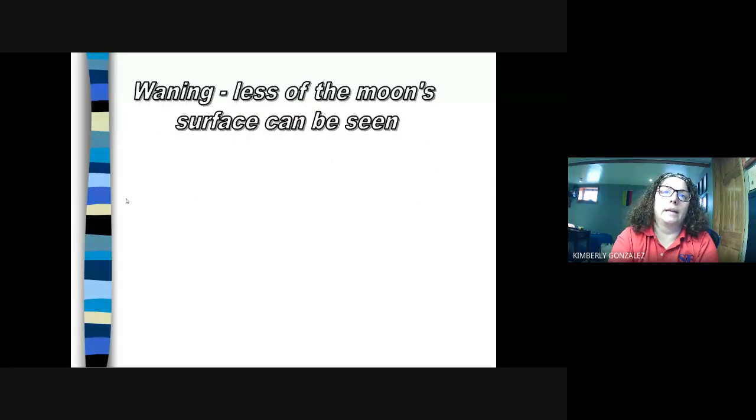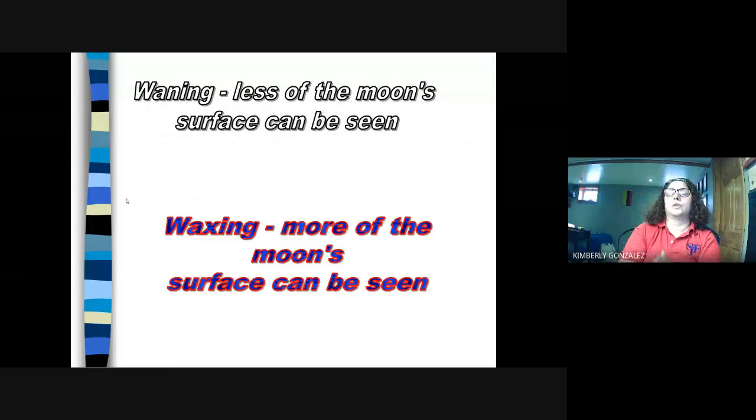Okay, so waning is when less of the moon surface can be seen, and waxing is when more of the moon's surface is slowly being seen, right? Because for waxing, it's when you start at the new moon and you work your way up to the full moon. All right, so waxing is when you go from new to full, and waning is when you go from full to new.